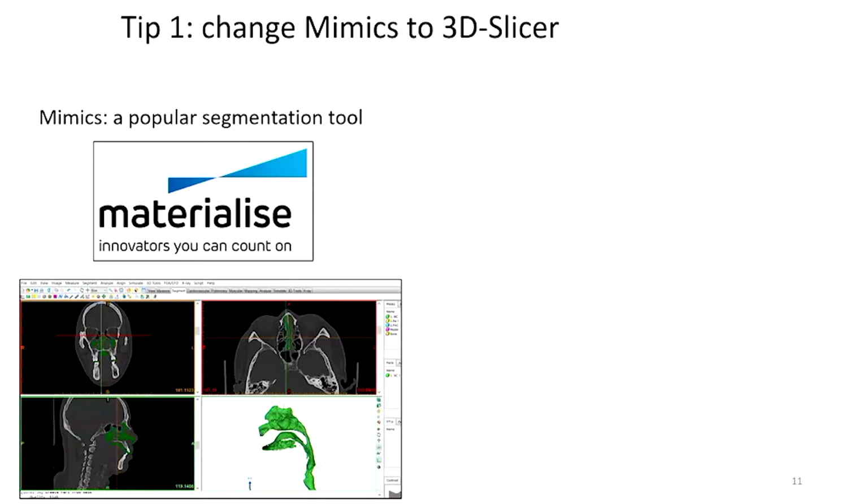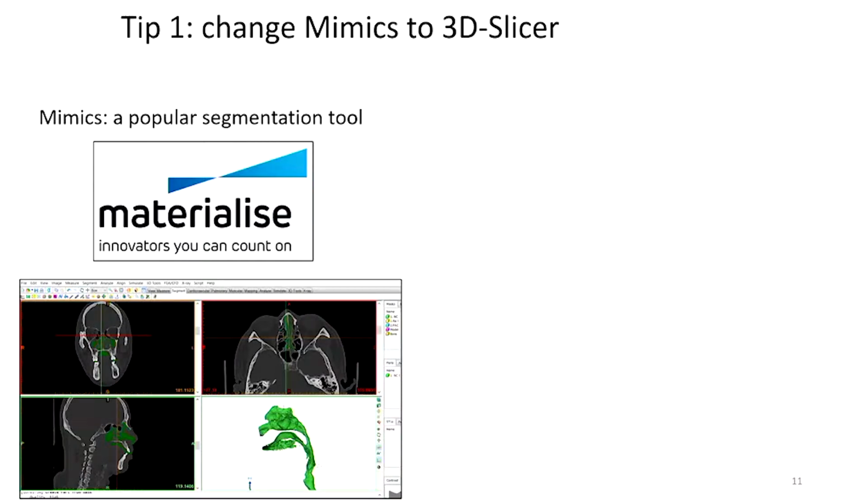all those previous nasal cavity models were segmented with a commercial software called Mimics. I know this is quite popular in this area. But although Mimics has lots of handy functions, I don't think it's professional.